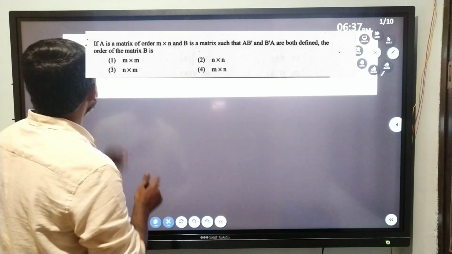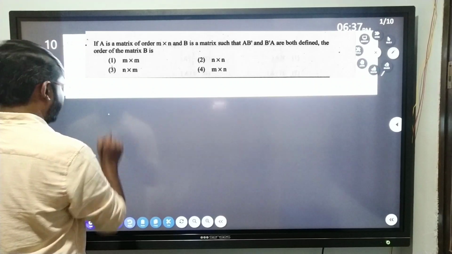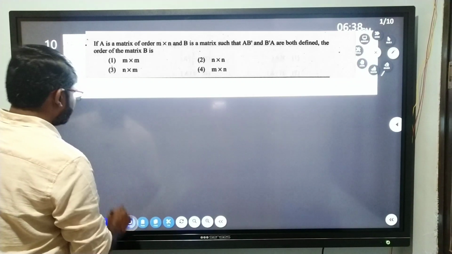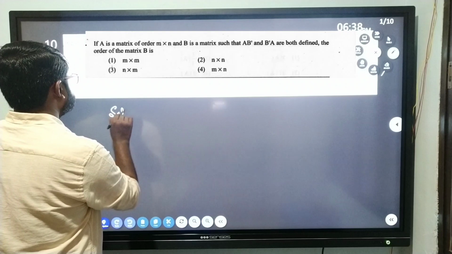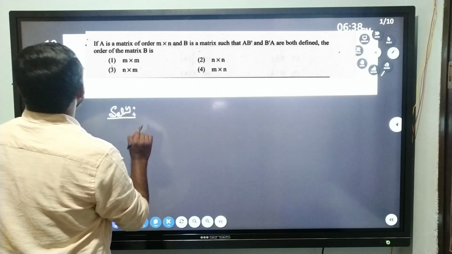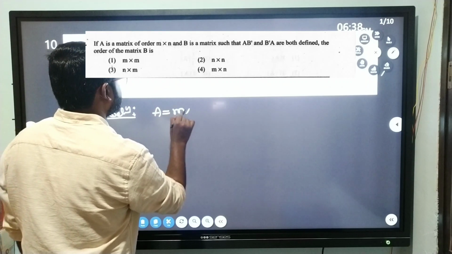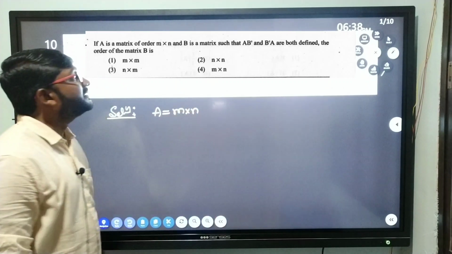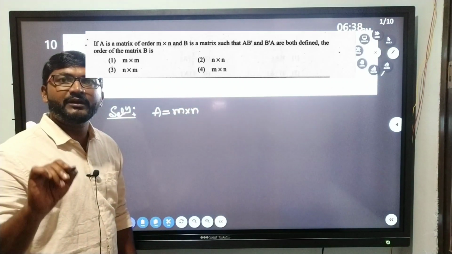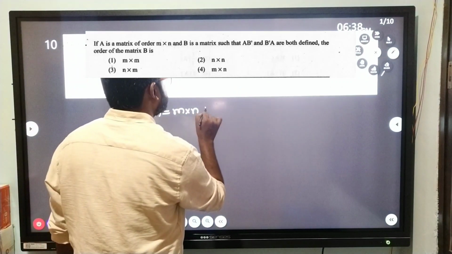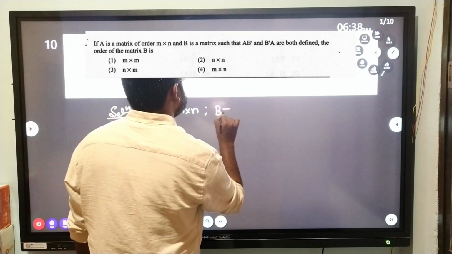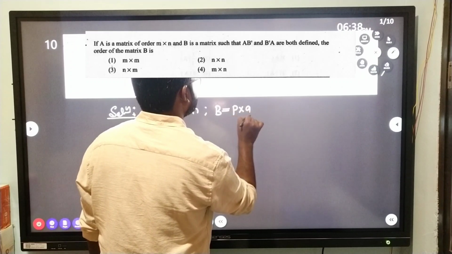So here they have given the order of the matrix A. A is a matrix of order m by n, and B is a matrix such that we don't know the order of the matrix B. I'll be taking it as P cross Q. B is equal to P cross Q.